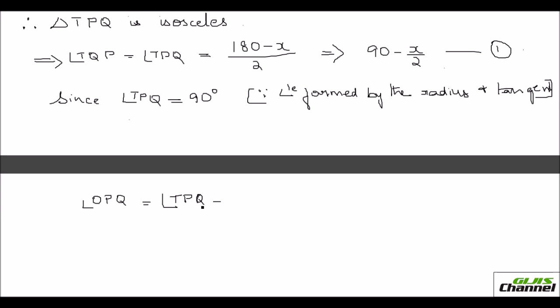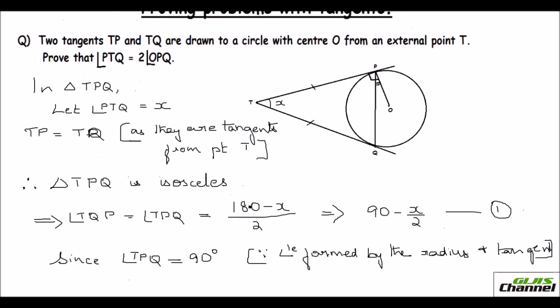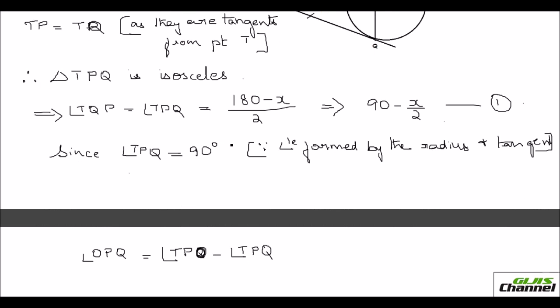TPO, the bigger angle, minus angle TPQ. I repeat, angle OPQ is equal to TPO take away TPQ, so we get this small angle.